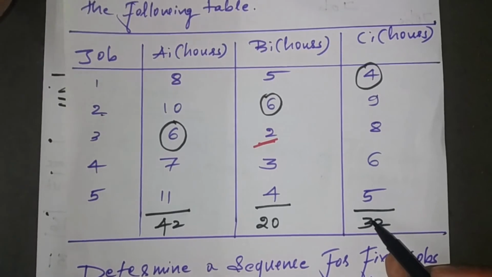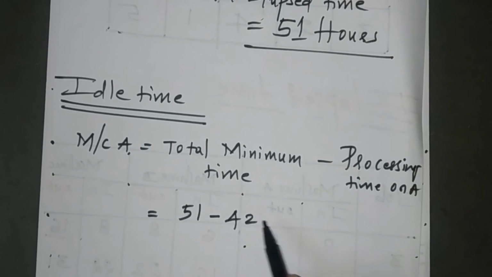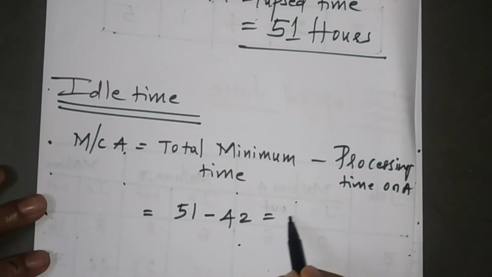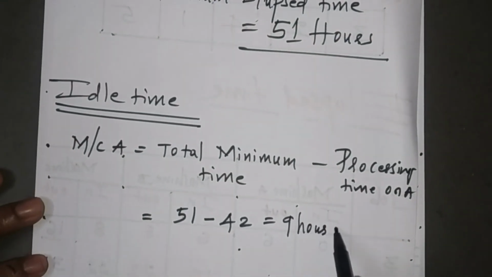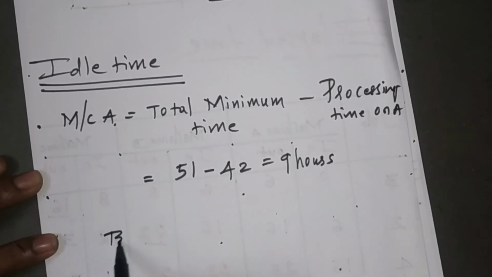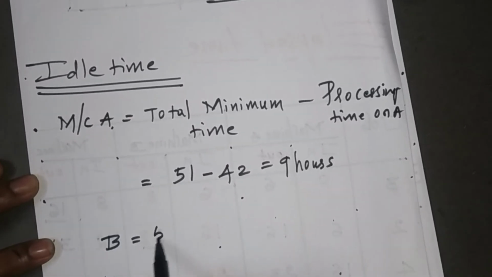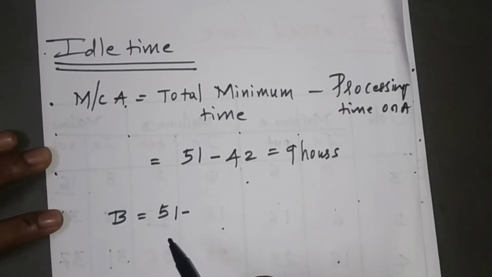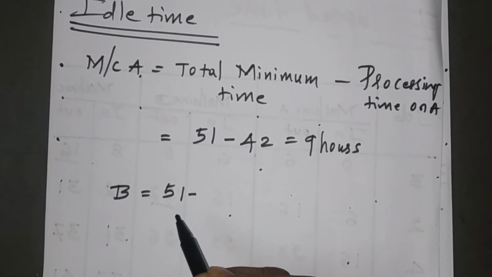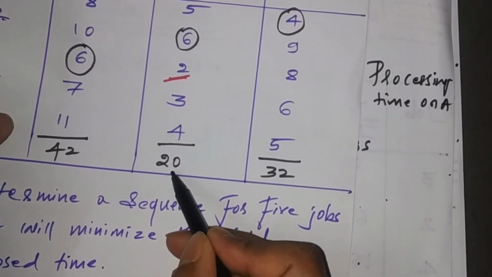So first we are finding the idle time for machine A. For machine A it is 42. So I'll subtract the 42 from 51. I'll get 9 hours as the idle time for machine A. Now if I want to write the idle time for machine B, again the formula remains the same. So minimum elapsed time remains the same at 51 minus the processing time for machine B. Machine B required 20 hours to complete.